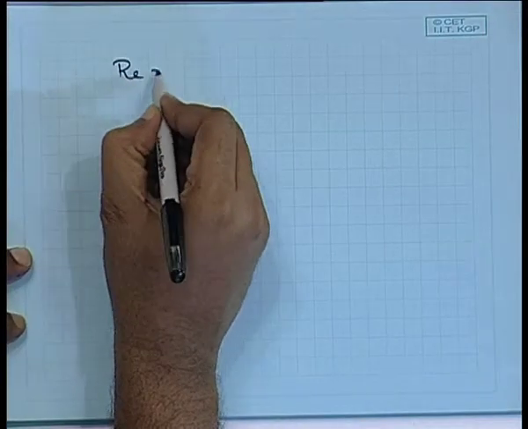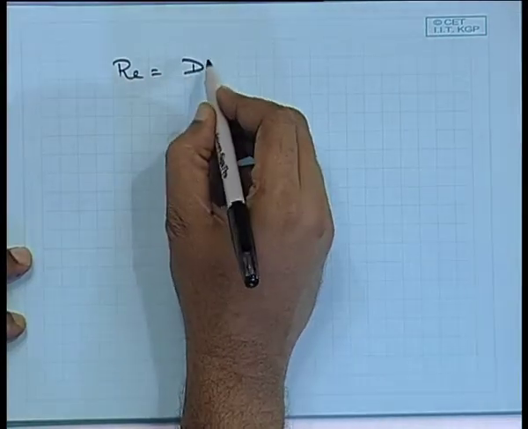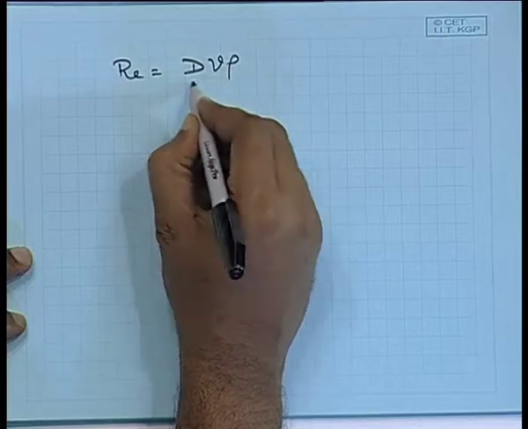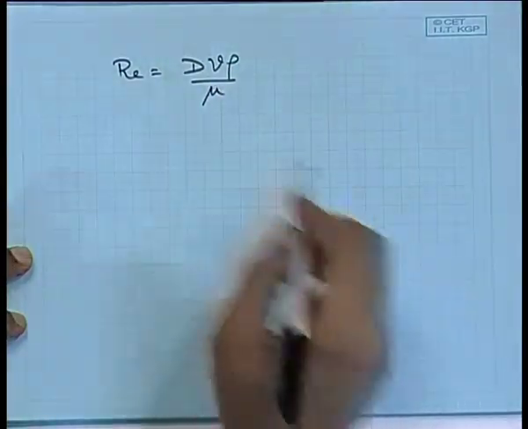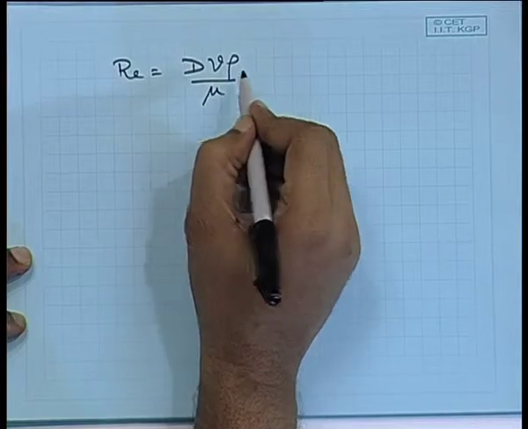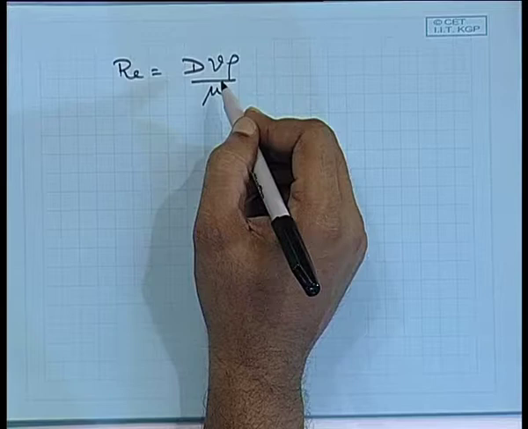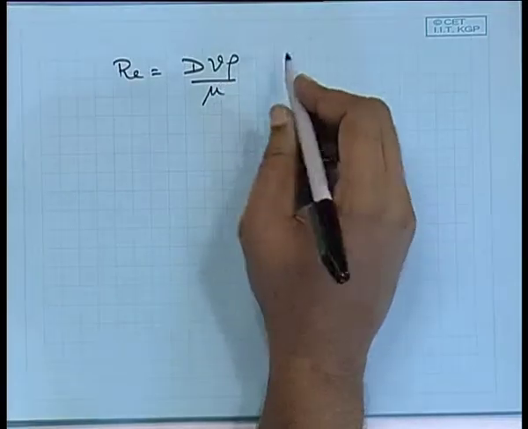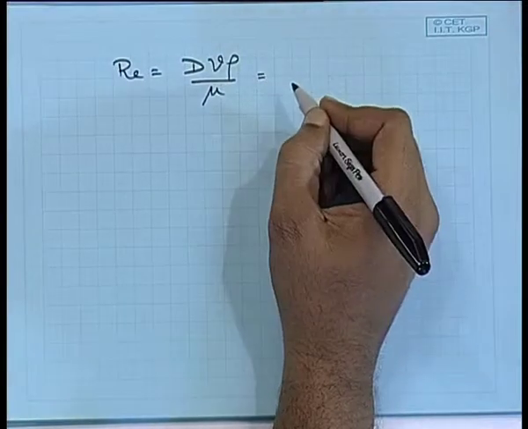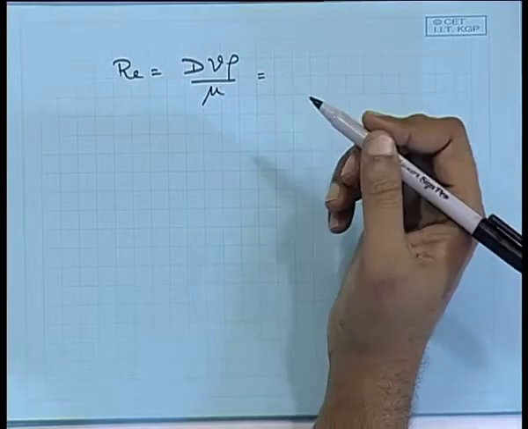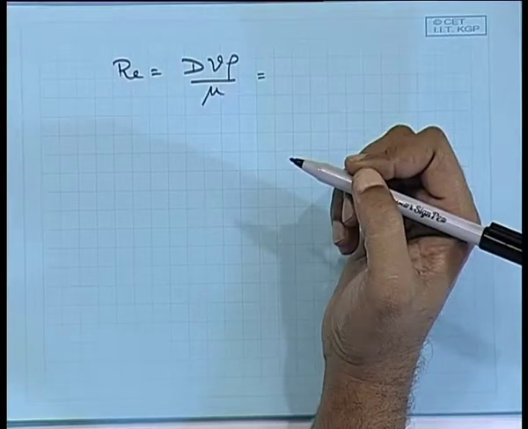The Reynolds number is d, the characteristic dimension, v rho by mu. So, can you express the Reynolds number as the ratio of two forces? Force trying to bring order. So, is it in the numerator or in the denominator?